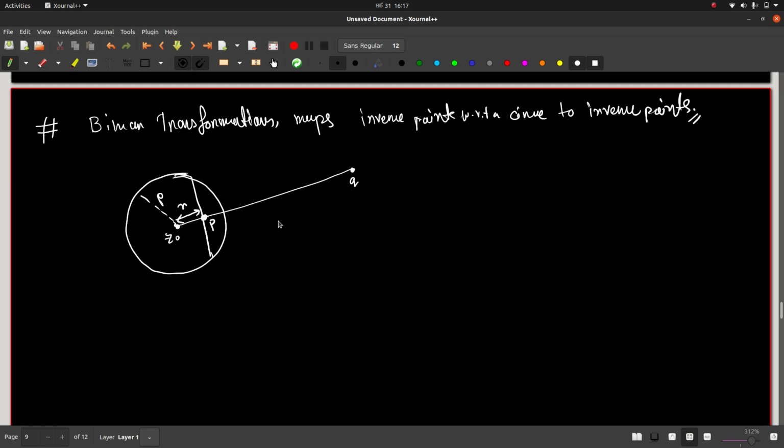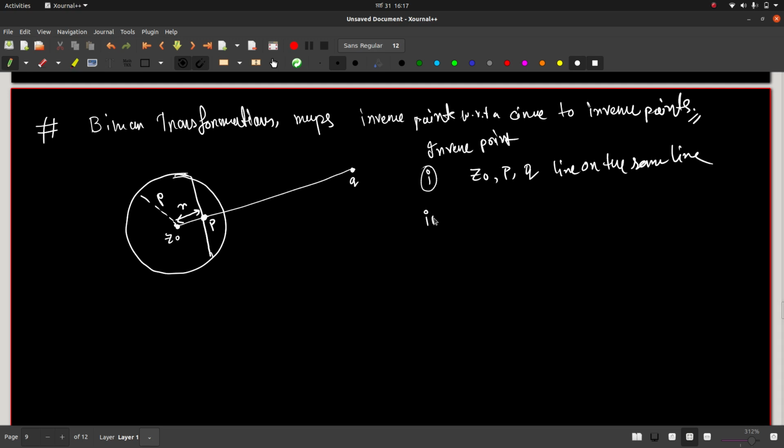There is another condition, so let me write down the first condition for inverse points. First of all, Z0, P, Q lie on the same line, and the second one is that the distances, Z0 minus P or P minus Z0, since this is a distance, order doesn't matter, this condition for the distance is satisfied.